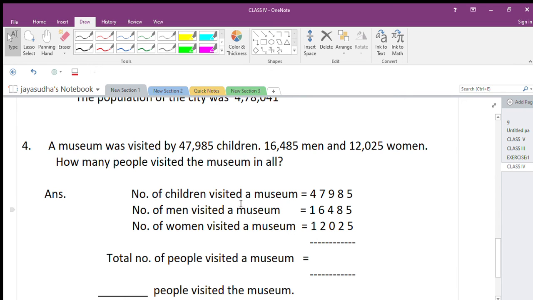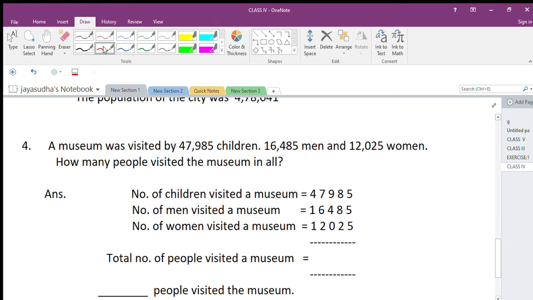Listen, number of children who visited the museum: 47,985. Number of men who visited the museum: 16,485. Number of women who visited the museum: 12,025. You want to add these now to get the total number of people who visited.